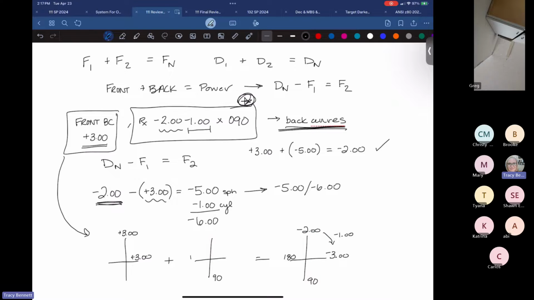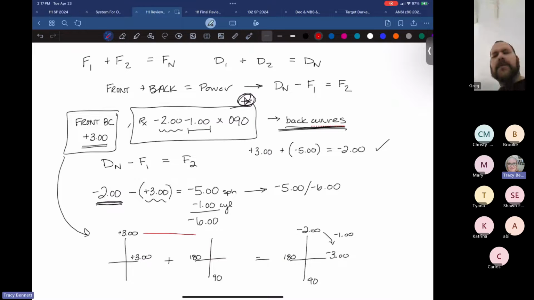So 90 and then 180. Same thing with this one. If we're trying to create this -3 at 180, we need to make sure that we are working on creating that particular power at 180. So you can just hop across at this point.